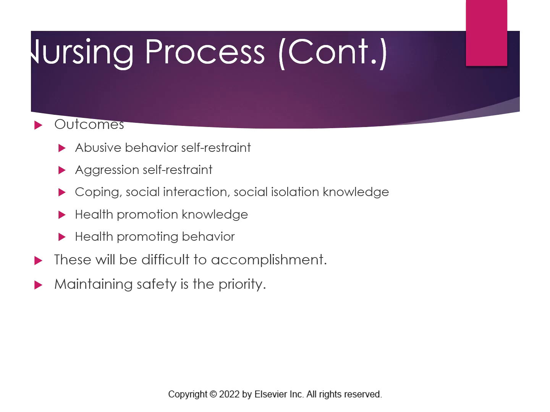We're going to be teaching them how to help themselves, and the nurse will be the expert in this area. And these will be difficult to accomplish because of the type of behavior that this individual will be exhibiting, and they obviously will not be able to trust them that far. So maintaining safety is the priority for the patient as well as for the nurse.